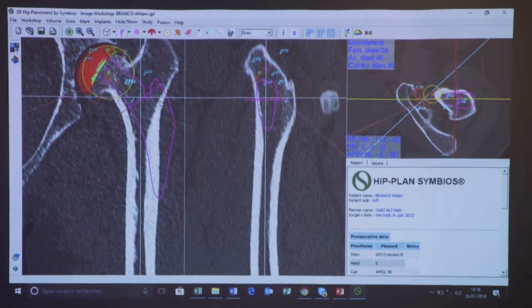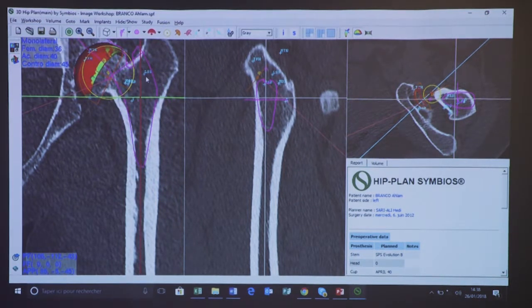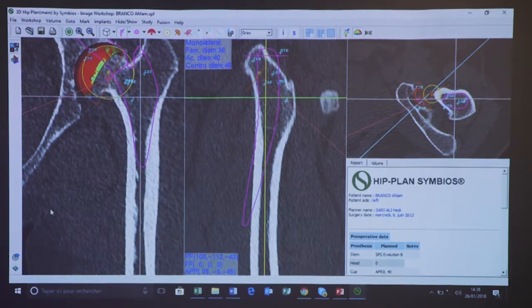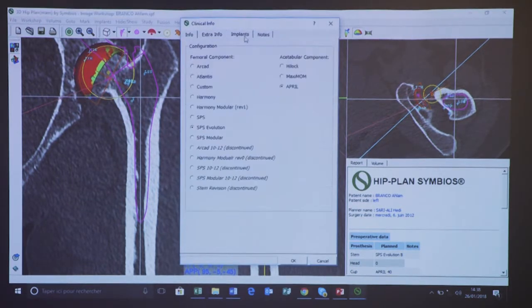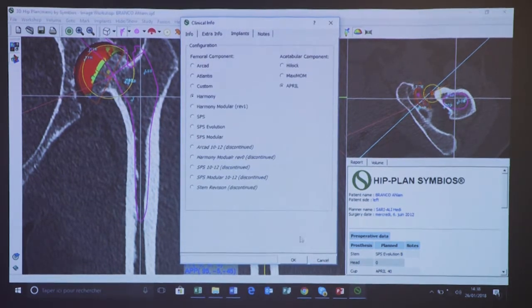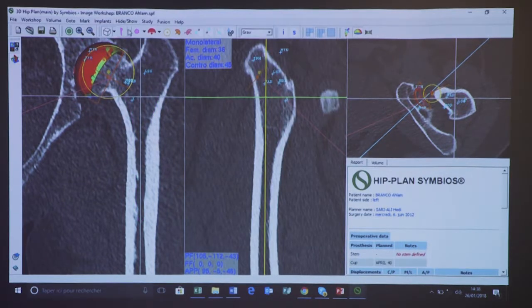But do it just for the fun. It will be too big, and basically not feasible. We may really have a fracture. Let's try, for example, now a standard Harmony, which is a standard stem. Let's say the smallest one, the 8.